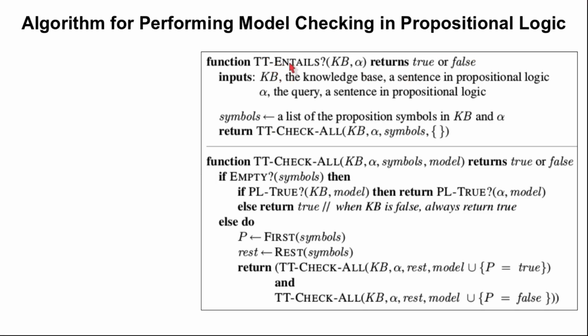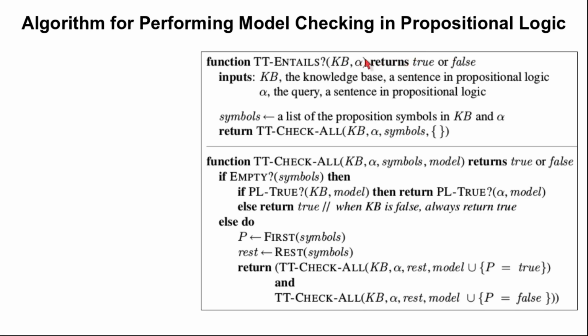So here's the main function, TT entails, and the input to this function is our knowledge base and the sentence alpha that we want to entail. And the function will return either true or false. So if we can entail alpha from KB, the function will return true.